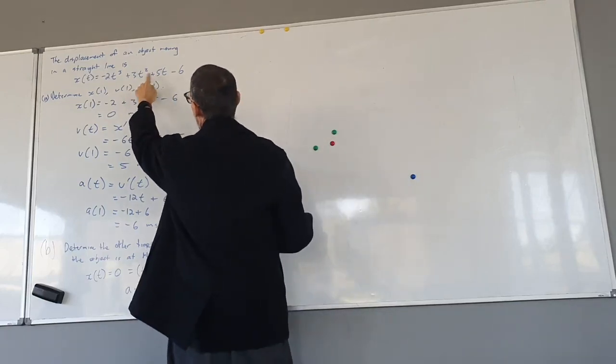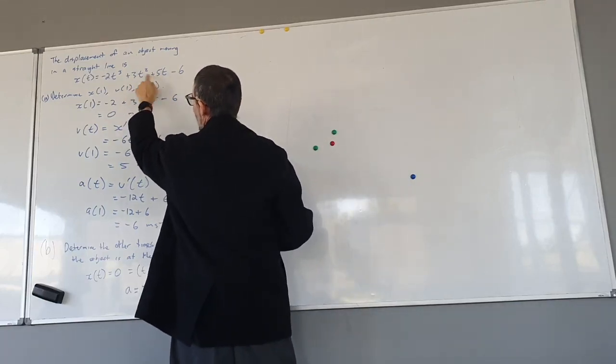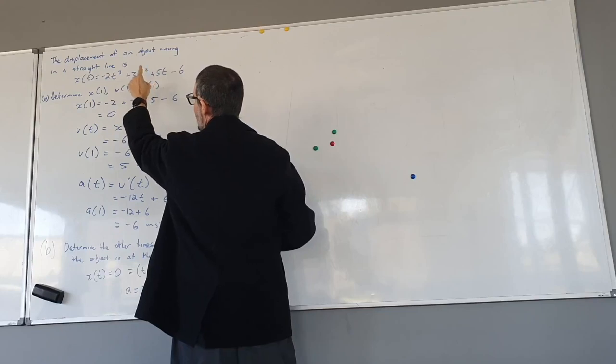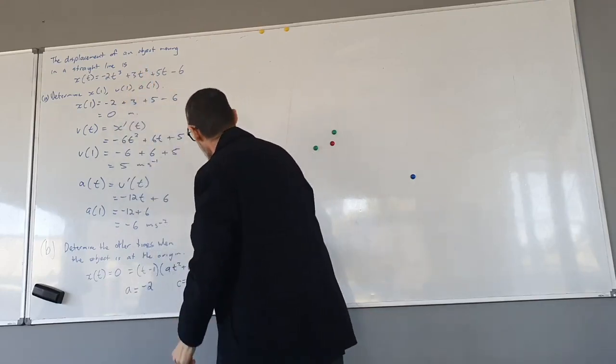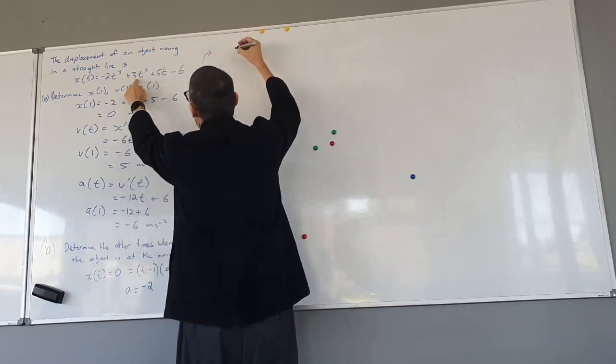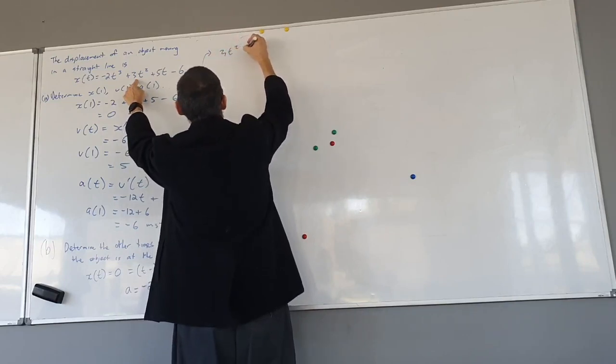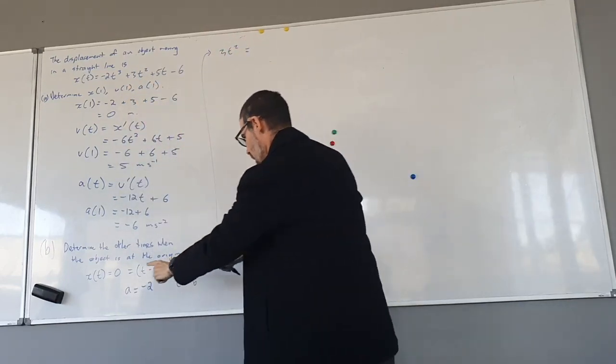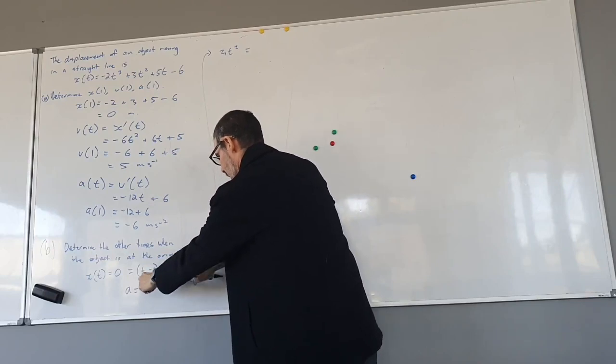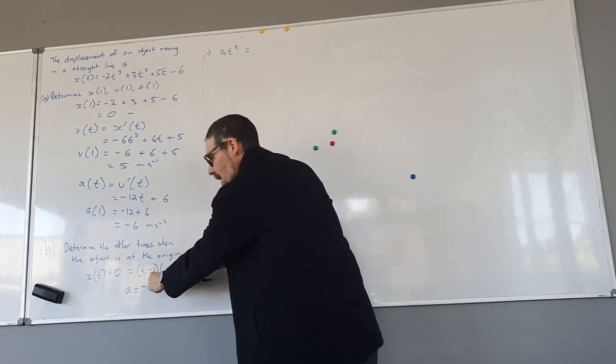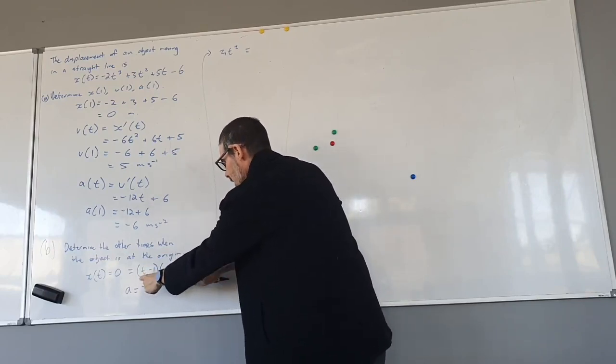I can use either term, I'll get the same answer. Let's look at the t squared term. I know that 3t squared has to come about from this and this, this and this.